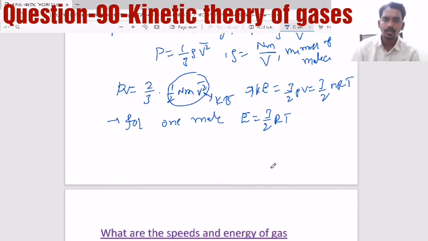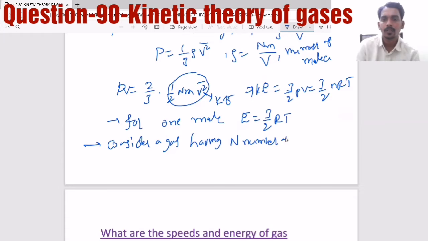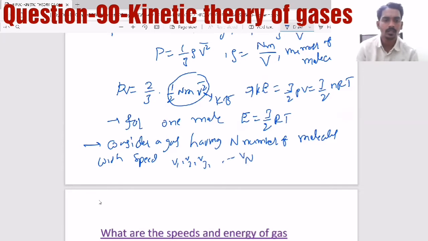So now consider a gas having n number of molecules with speeds V1, V2, V3, and so on, Vn.